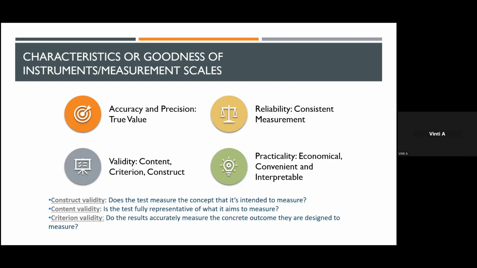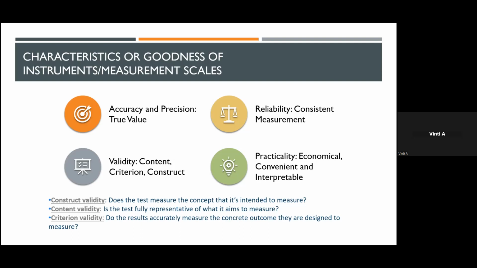When I use this particular measurement, it should measure accurately what it is supposed to measure. Reliable is basically that if I measure the same thing again and again, with other things remaining constant, the measurement should not change.